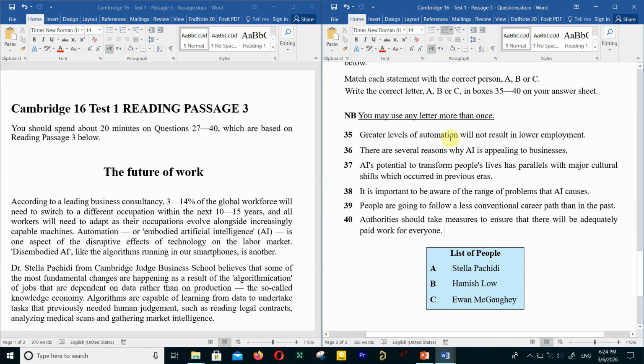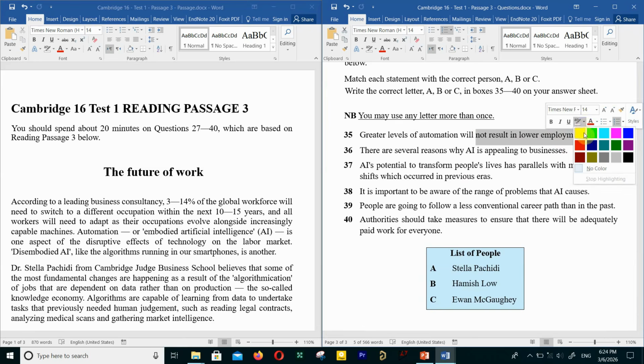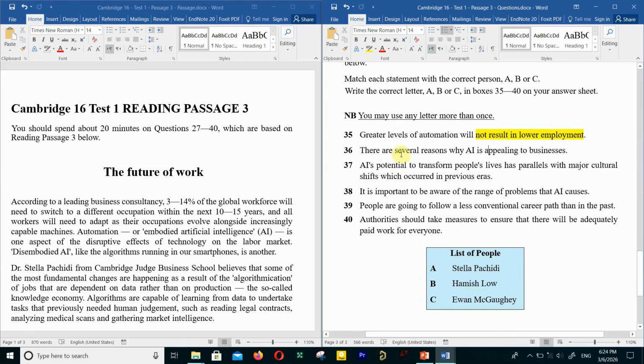Greater levels of automation will not result in lower employment. There are several reasons why AI is appealing to business. AI's potential to transform people's lives has parallels with major cultural shifts which occurred in previous eras.